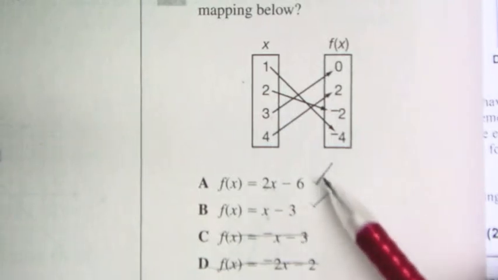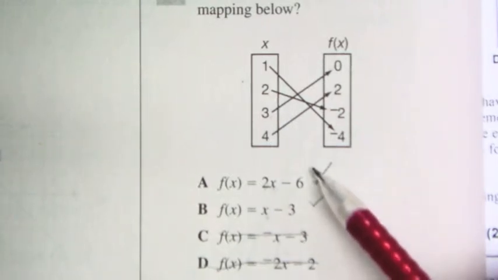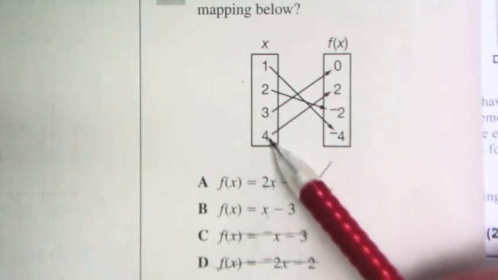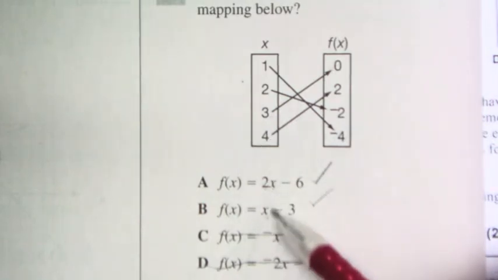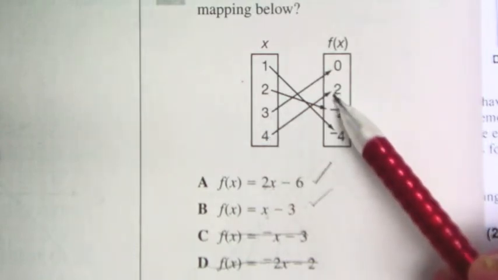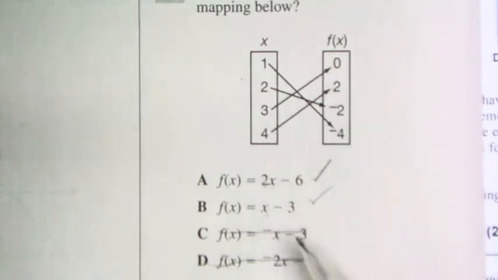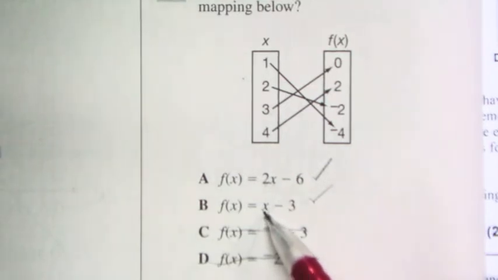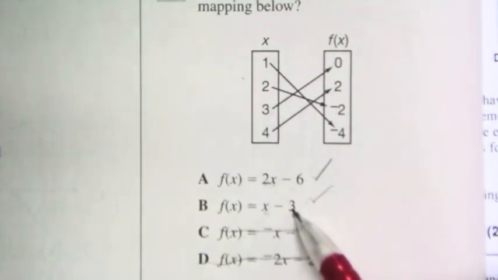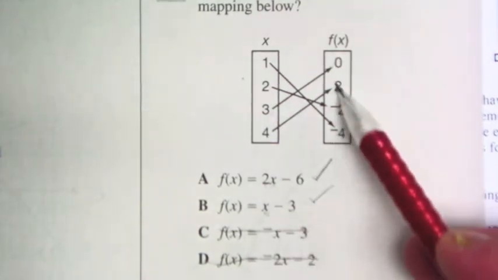Now let's pick another one. I like positive numbers, so let's pick 4. If I put a 4 in these two equations, according to the mapping I should get a 2. Let's check this one, which is easy to look at. Put a 4 right there: 4 take away 3 is 1, not 2.